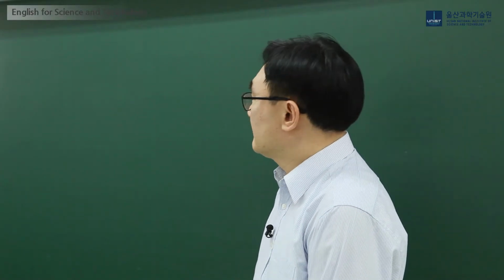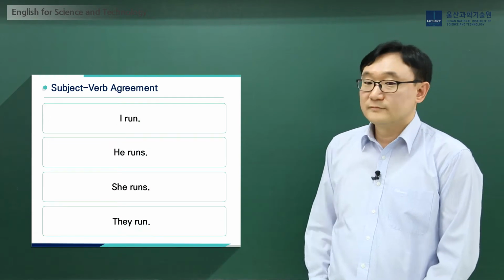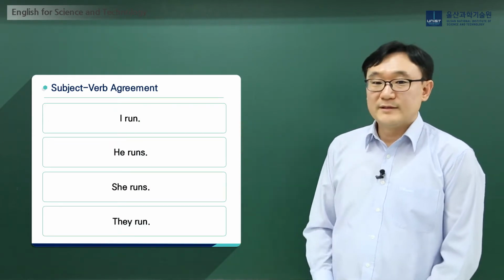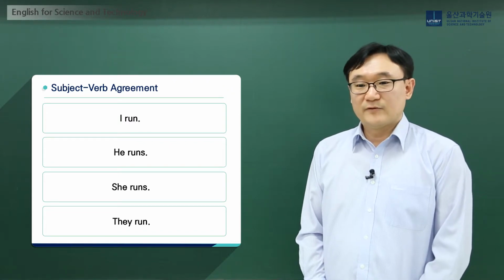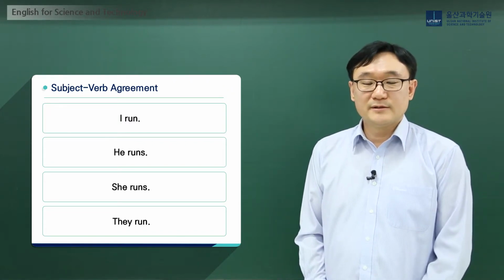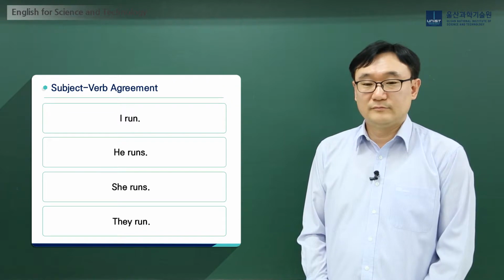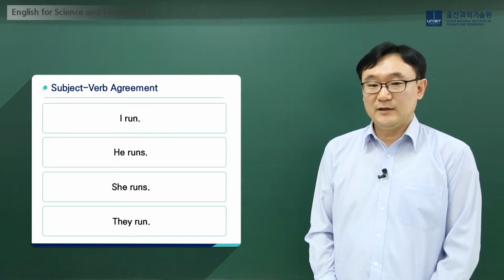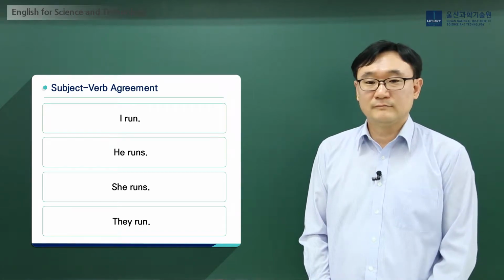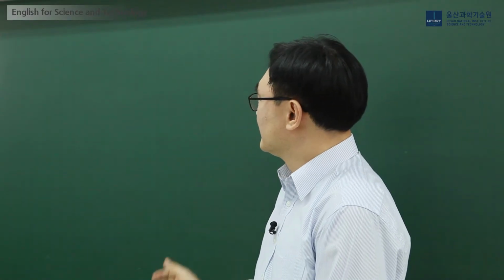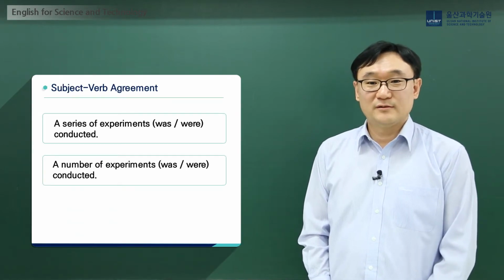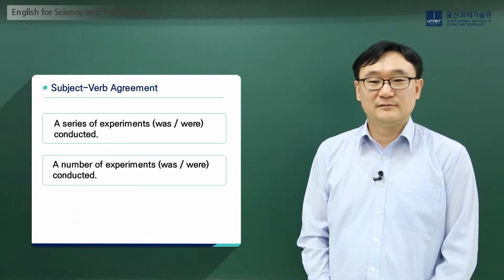Now, subject-verb agreement. In the examples in here, we see the subject-verb agreement in person and number. I run, he runs, she runs, and they run. And how about these examples? A series of experiments was or were conducted.